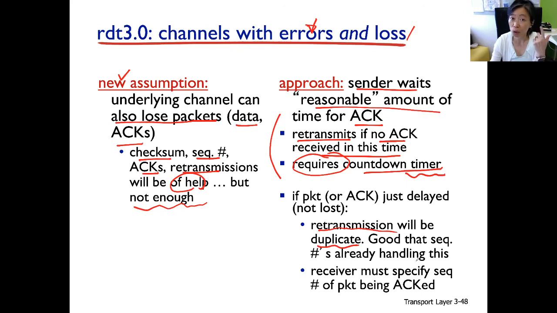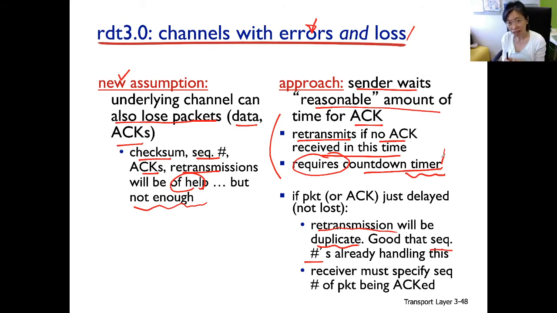But it's okay. We already have the mechanism right there, which is the sequence number. That's going to address the duplicate issue. So no worry. Even though if we didn't set the timer quite right, it's just that there'll be a lot more unnecessary retransmission if the countdown timer is too short. All right, so hey, determining what is the duration for the countdown timer, that is also an art.